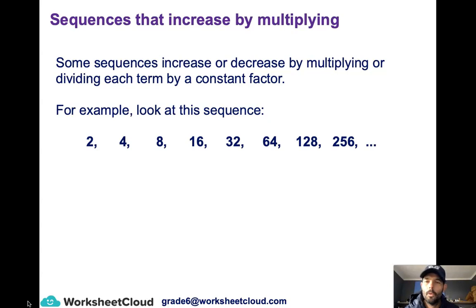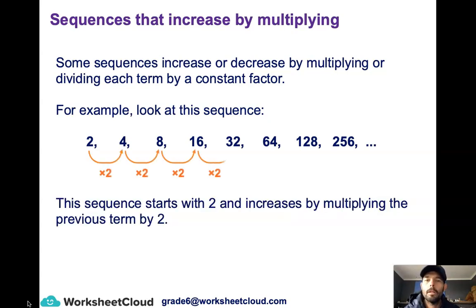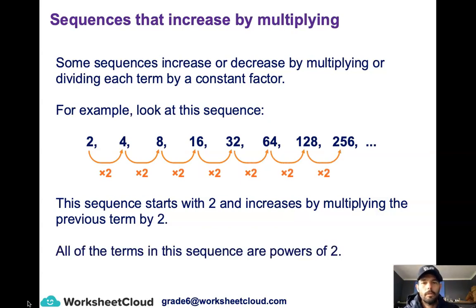So 2 doubles to 4, 4 doubles to 8, 8 doubles to 16, 16 doubles to 32, and so on. You need to be able to recognize that we're multiplying by 2 each time. If you had to think about a general rule, you could say multiply each term by 2.